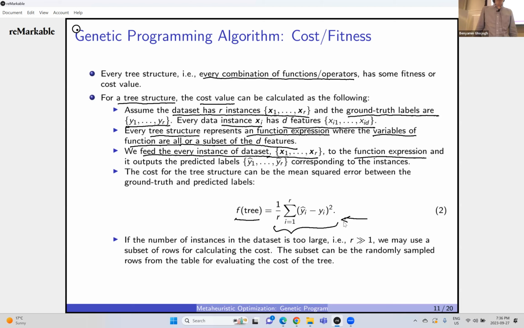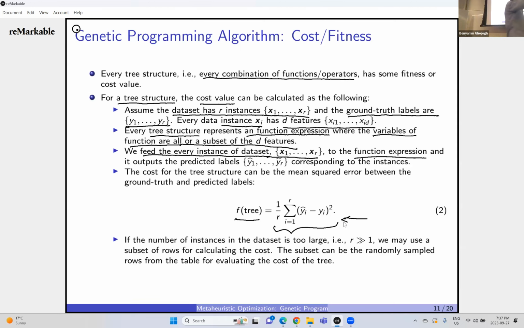Now the whole idea is to minimize this cost. So what is my optimization variable here? Every optimization variable is a tree. And do you understand how cool it is? Because so far in this course, our optimization variables had similar dimensionality.